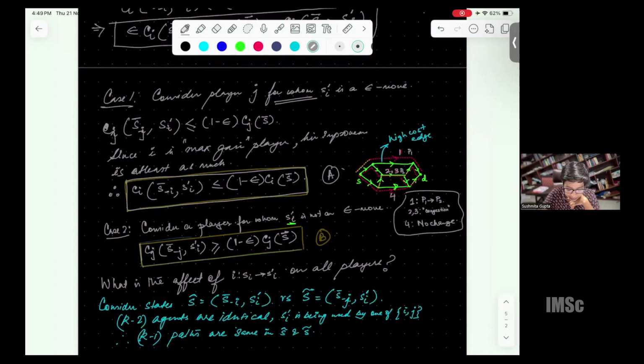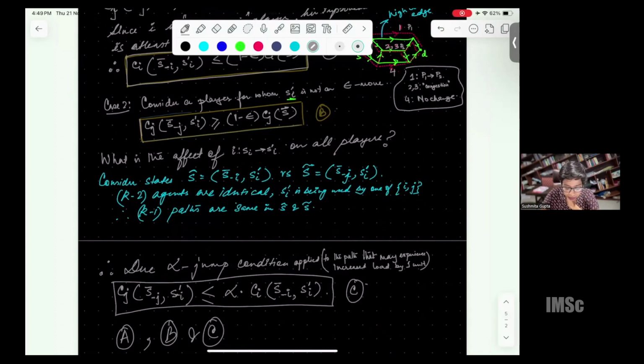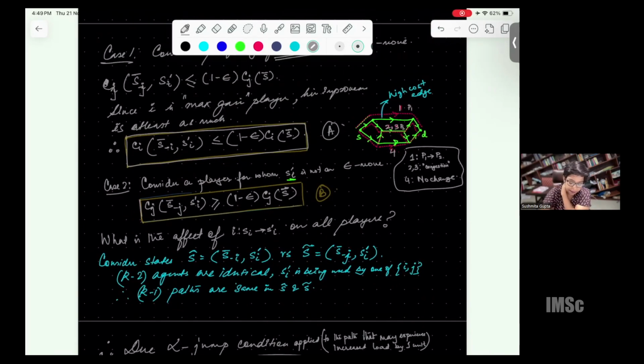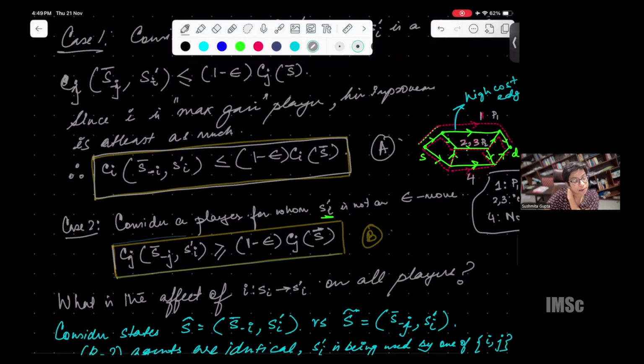See, equation A represents a condition for all those players for whom the shift to S prime I, think about 1 unit of somebody moving to S prime I, is an epsilon move. This path choice may be an epsilon move for multiple players.